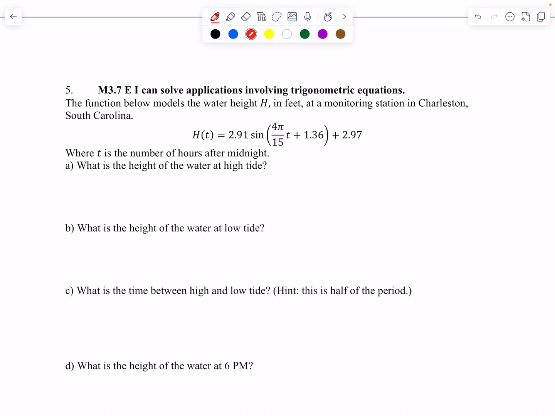Oh, high tide. Okay. So, again, let's just think of it this way. 2.97 is the middle. The amplitude tells you how far up to go. So the max is midline plus amplitude.